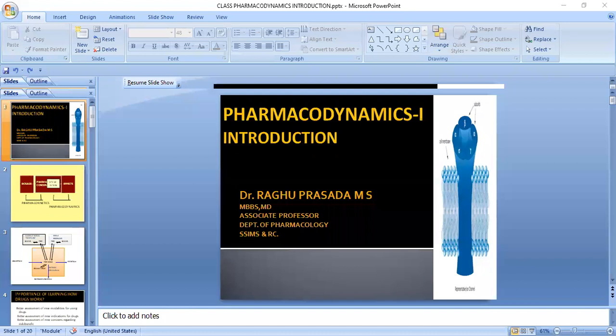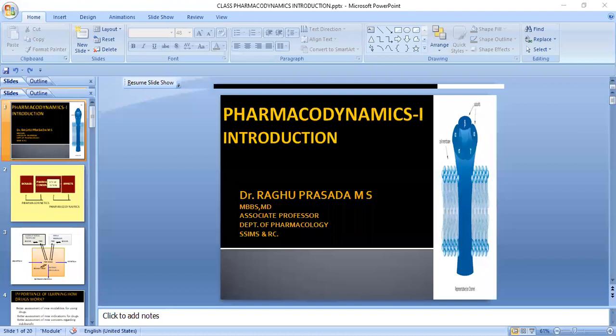So the basic concepts are the receptors, the log dose response curve, and the adverse drug reactions: what types of adverse drug reactions we can get, and how we should cope with them. All those things we will learn in pharmacodynamics.